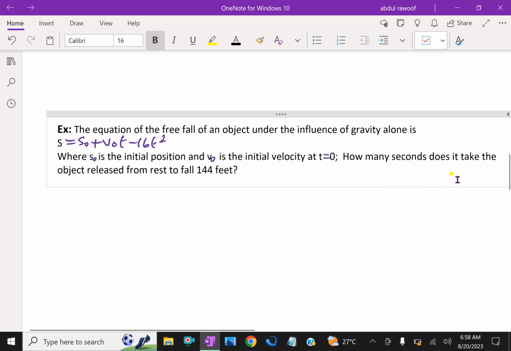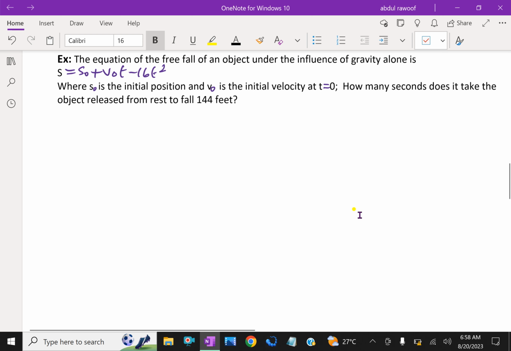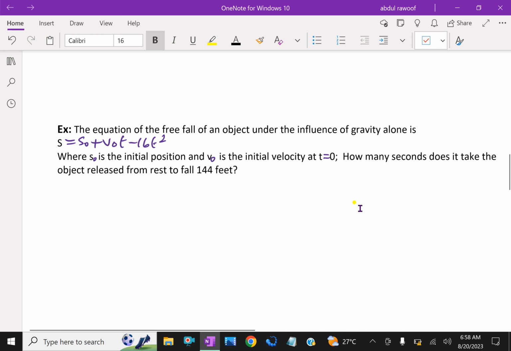How many seconds does it take the object released from rest to fall 144 feet? Here the distance given is 144 feet, and we have to find the time taken to reach the ground. That means the object reaches the ground.